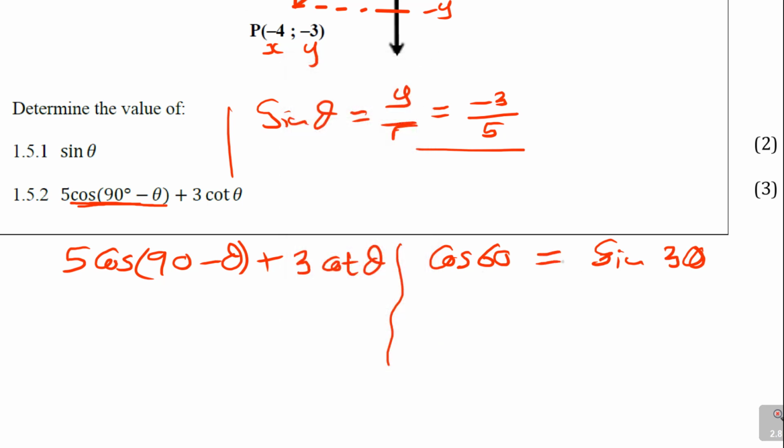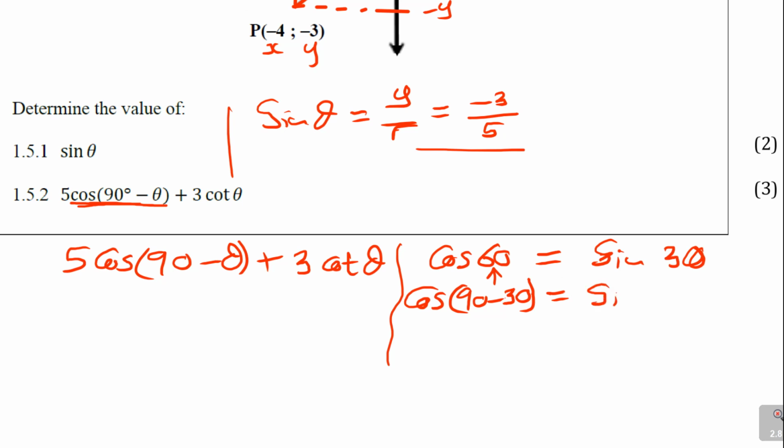If these are equal, I can write it like this. I can say cos, if I take 90 here, 90 minus 60, 90 minus 30. For me to get 60, I must say 90 minus 30. See that? This is still 60, 90 minus 30, but I didn't change it.